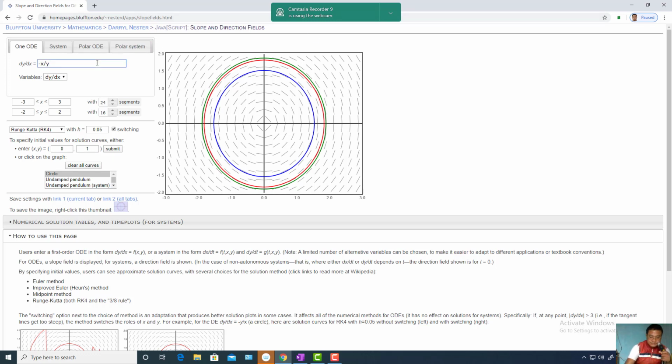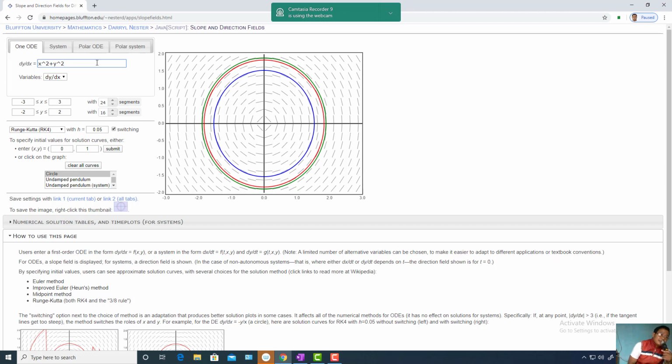Let us see another example. Suppose I am entering here some function, x square plus y square.